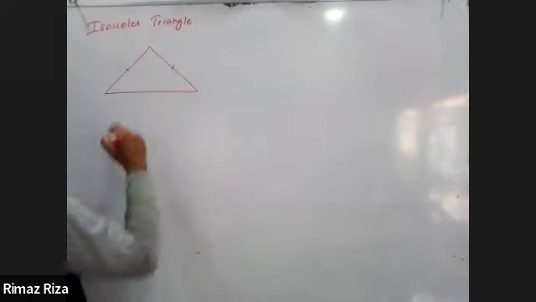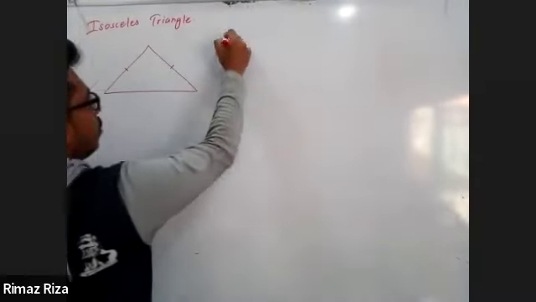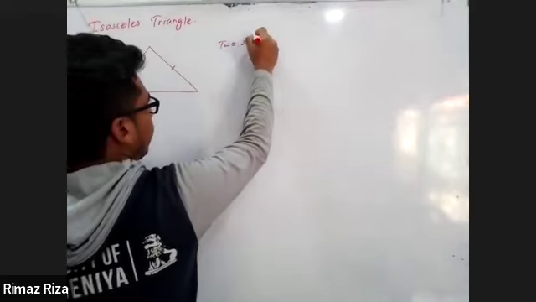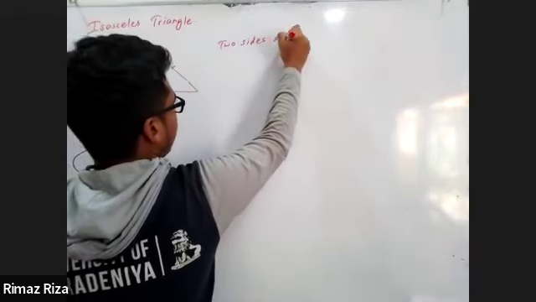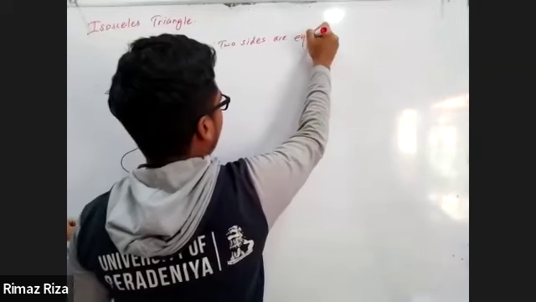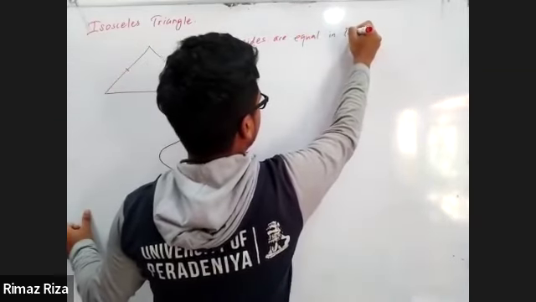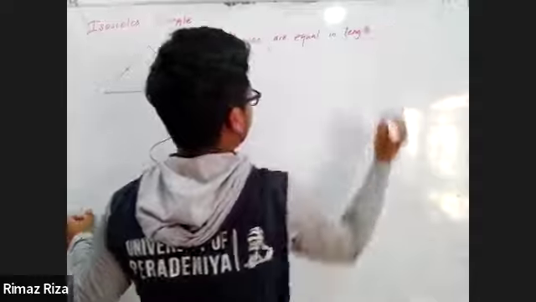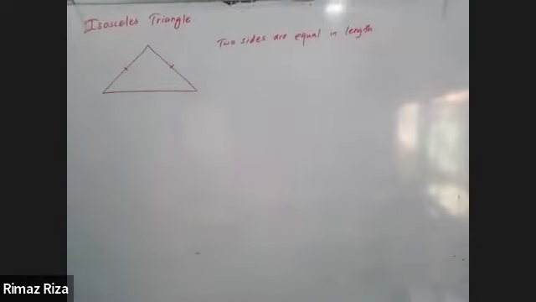So this side is equal to this side. Two sides are equal in length. Okay.